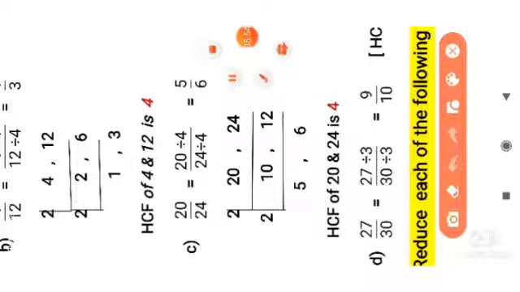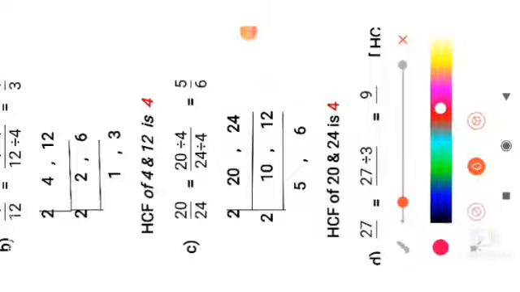Let's start. Now sum number C, the numerator is 20 and the denominator is 24. Again, what to do? We will find out the HCF of 20 and 24. So let's start with the common factor. You can see 20 and 24 both are even numbers, so 2 is a common factor.